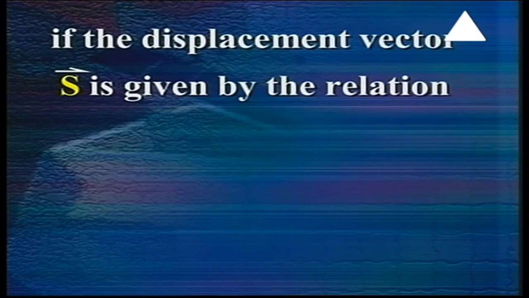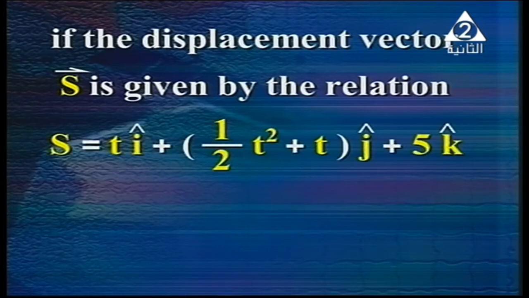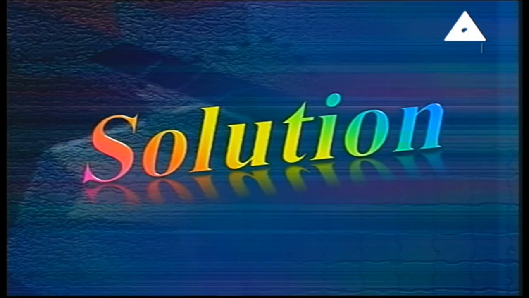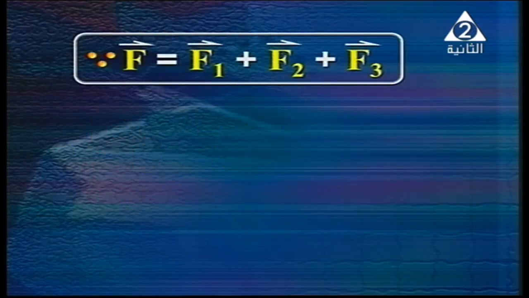If the displacement vector S is given by the relation S equals T i vector plus bracket half T squared plus T j vector plus 5k vector, find the value for each of A, B, and E. Solution. Dear student, in equilibrium, sum of all forces equals F. We add F1 plus F2 plus F3.